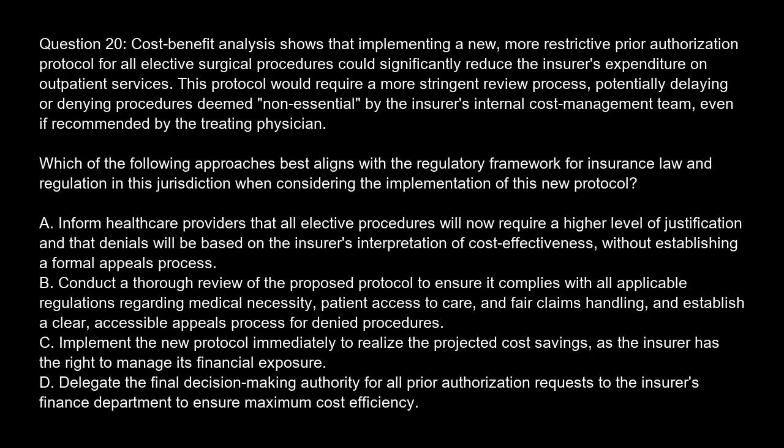Option C. Implement the new protocol immediately to realize the projected cost savings, as the insurer has the right to manage its financial exposure. Option D. Delegate the final decision-making authority for all prior authorization requests to the insurer's finance department to ensure maximum cost efficiency.